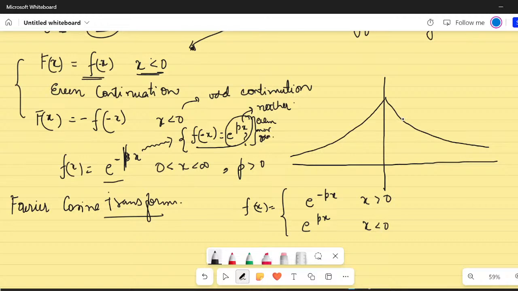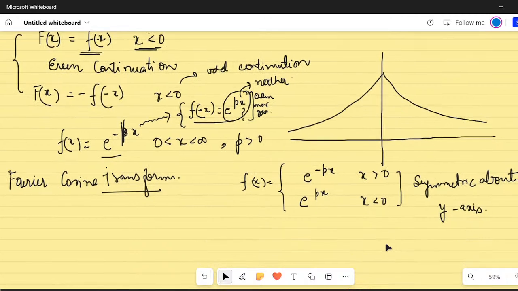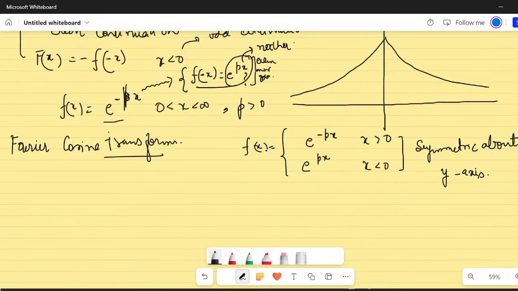Always remember that the even functions are always symmetric about the y-axis, and you can see that this is clearly an even function. And if you think this is really not the case, then you can see it analytically also.